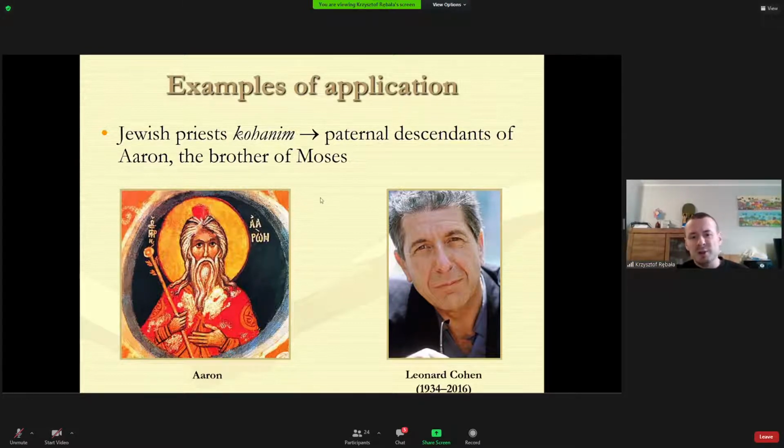Here you can see the descendants of these priests very often carry surnames like Cohen. Leonard Cohen, maybe you've heard of this singer. And there are quite some other American actors with this surname. So it's of course of Jewish ancestry.